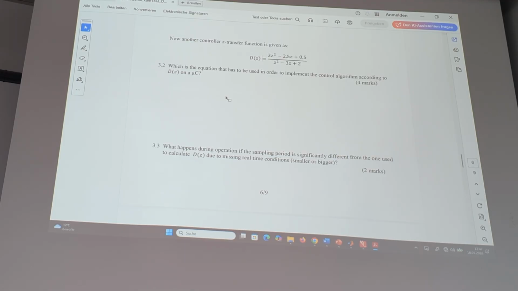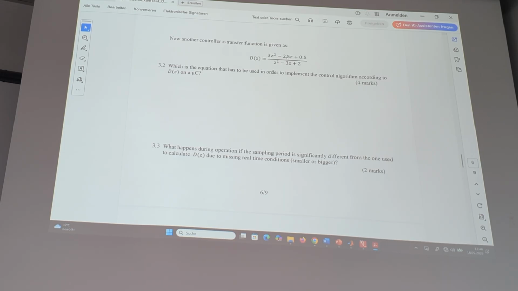We can use a TF, then enter the numerator 3, negative 2.5, 0.5, and the denominator 1, negative 3, and 2. Yeah, correct.